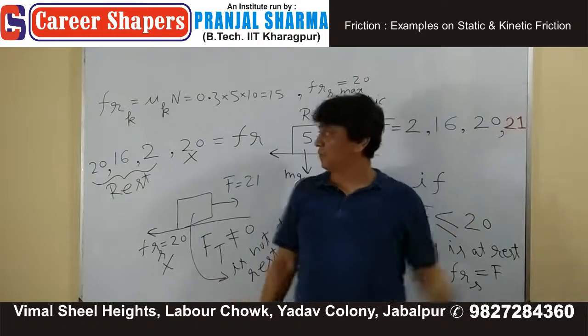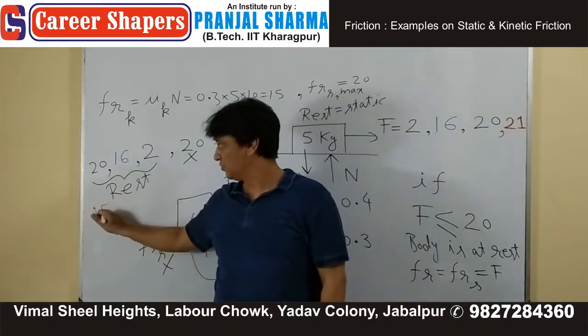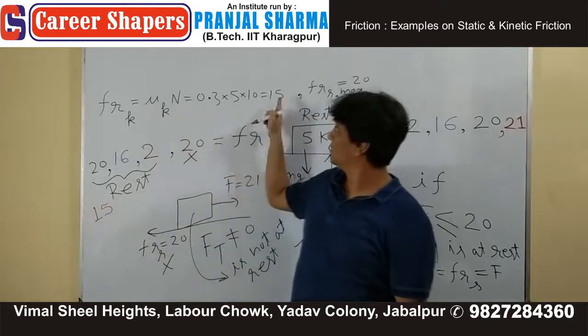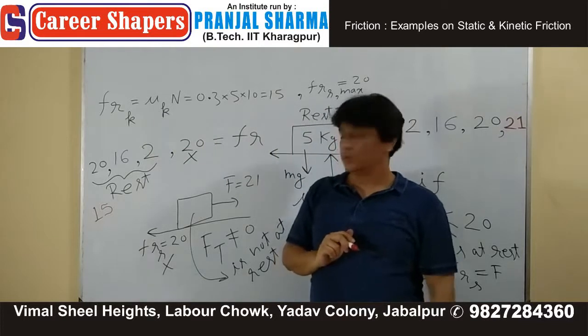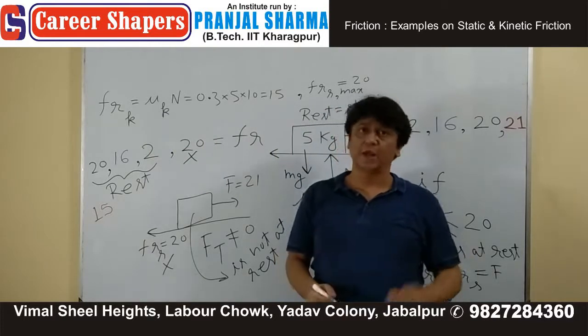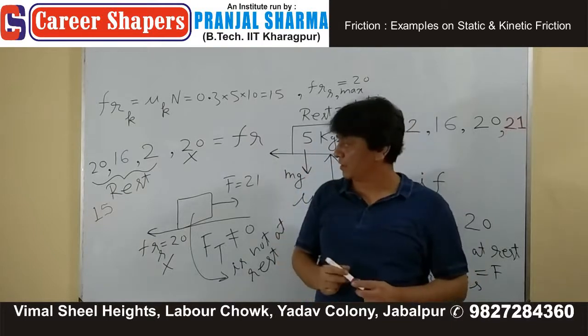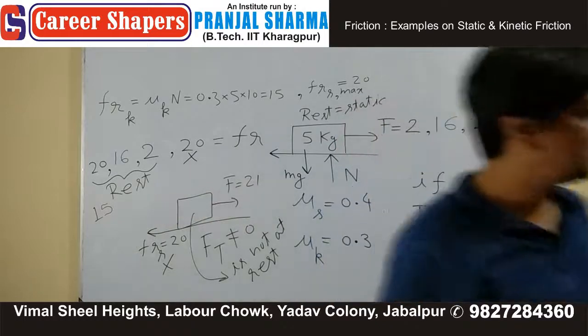For this pulling force, friction is 15. Those of you who answered 20 and those who didn't answer anything, if you understand this 15 part, then write down yes in the comment box fast.